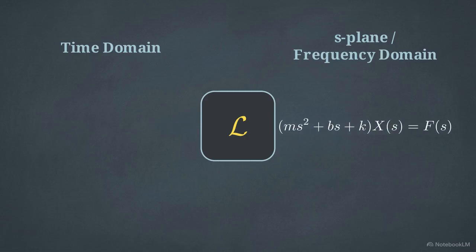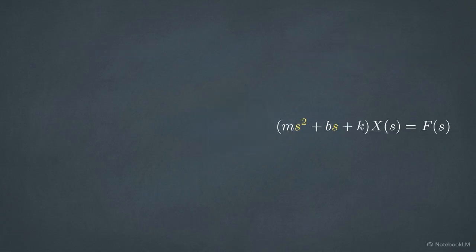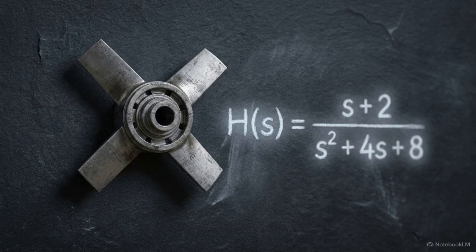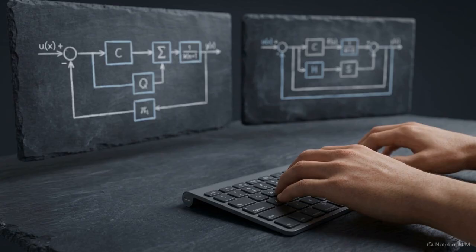Here, those differential equations become straightforward algebra. This resulting algebraic fraction is the system's transfer function, dictating exactly how the output responds to a given input. This transfer function acts as the fundamental genetic code of the machine. Simplifying the math into this manageable form makes the actual design of the controller possible.